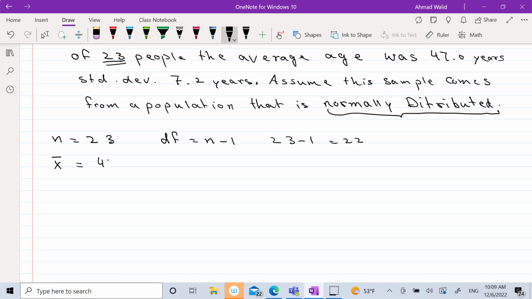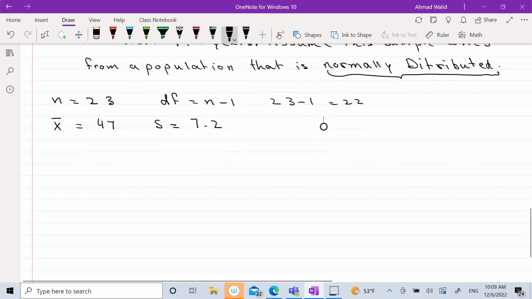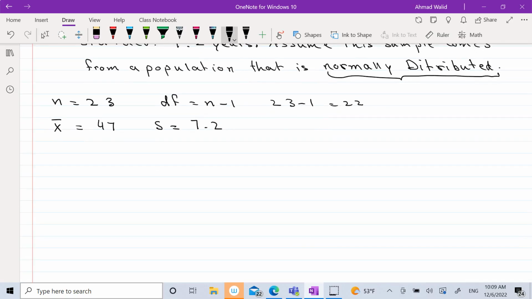The average age was 47. Correct? And standard deviation is given for the sample, which is 7.2. Confidence interval, they told us 95. Correct? My confidence level is 0.95, then my alpha will be 0.05.